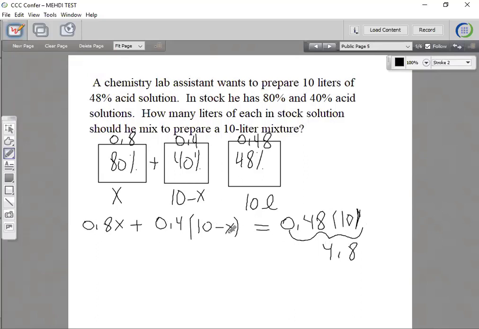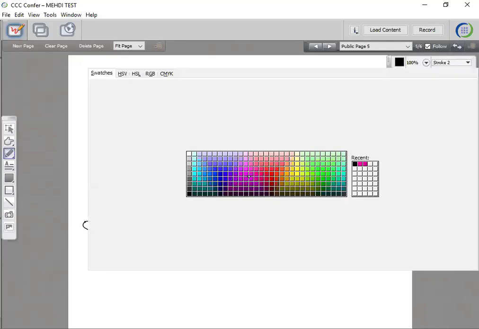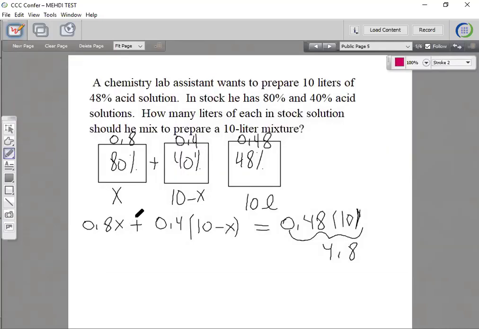Now you could multiply each term by a factor of 10 to eliminate the decimals, if you don't want to deal with decimals. Why am I multiplying by a factor of 10? Because it looks like there's one digit after each of these decimal points.